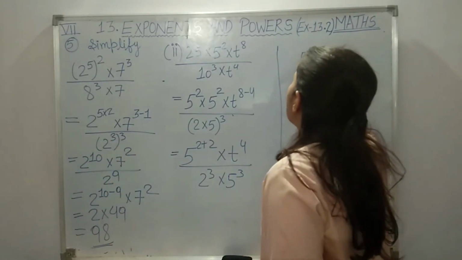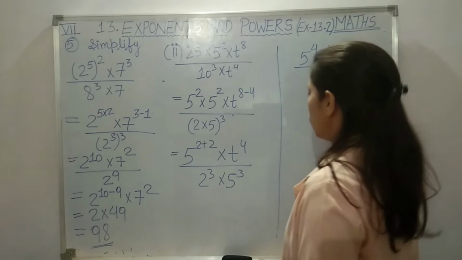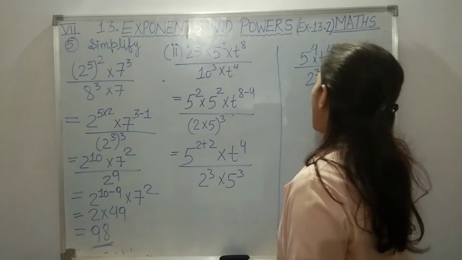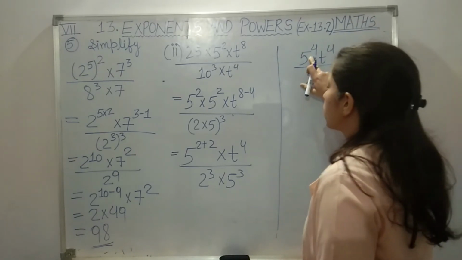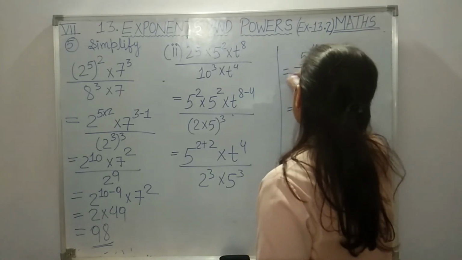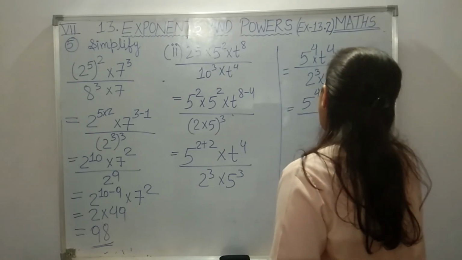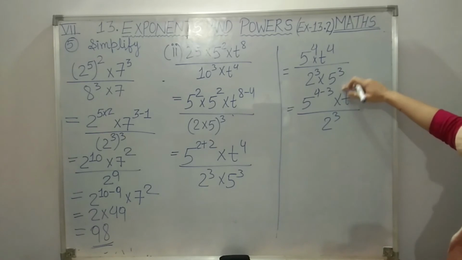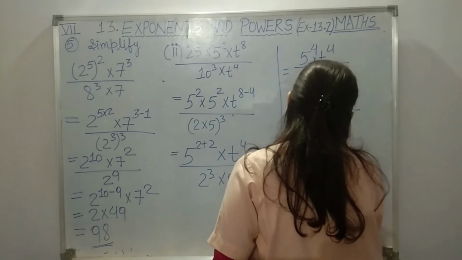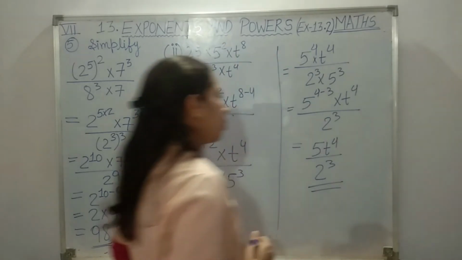Then 5 raised to the power 4 into t raised to the power 4, then 2 raised to the power 3 into 5 raised to the power 3. So here we can see a raised to the power m divided by a raised to the power n. So here we can show it as 5 raised to 4 minus 3 into t raised to the power 4 divided by 2 raised to the power 3, because the 5 exponent we have solved here. On solving this we will get 5t raised to 4 upon 2 raised to the power 3.